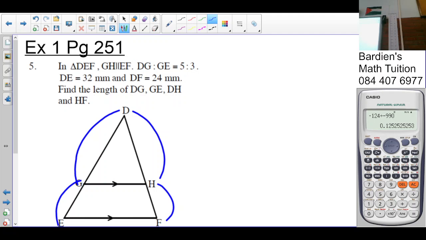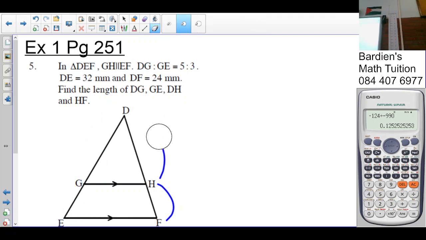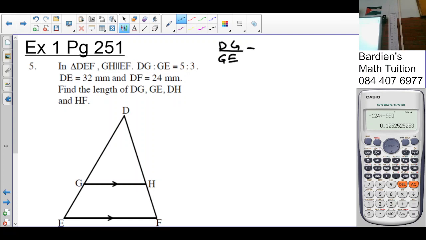Then we are told that DG is to GE as 5 is to 3. The same thing is DG over GE is equal to 5 over 3. So what do we say? We're going to introduce a K here.